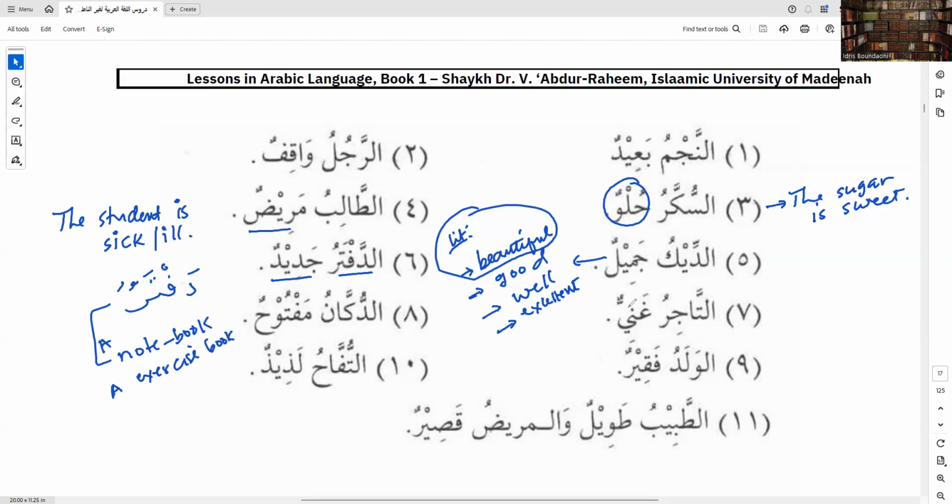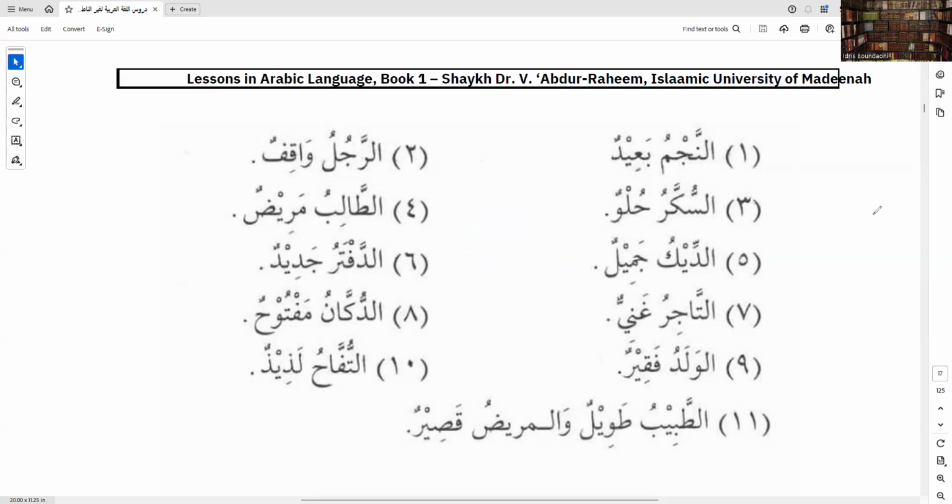التاجر غني. غني. If you are غني, you are wealthy or rich. There's a shadda on the ya. Excuse me. غني. التاجر غني. Wealthy, or rich.